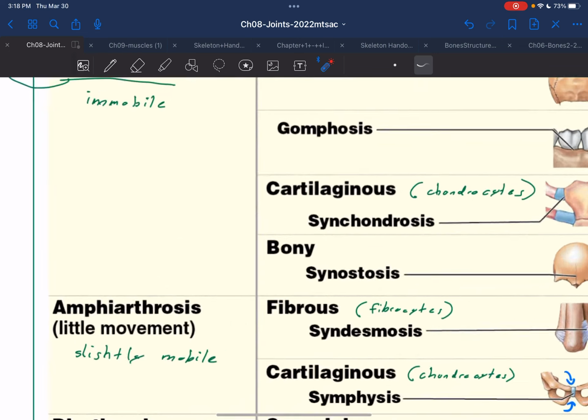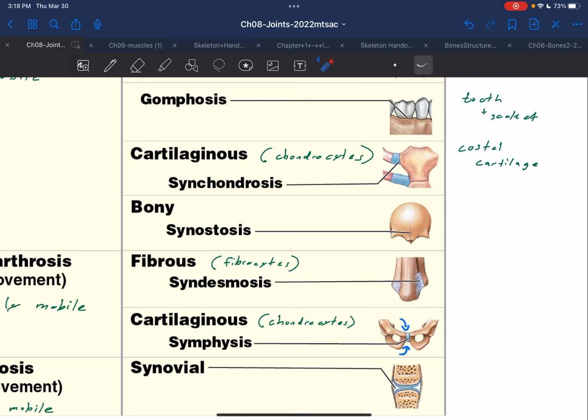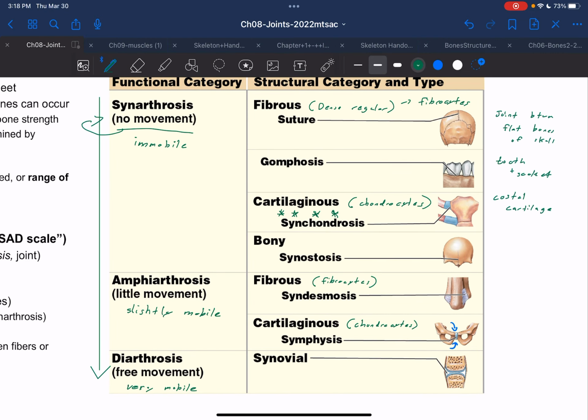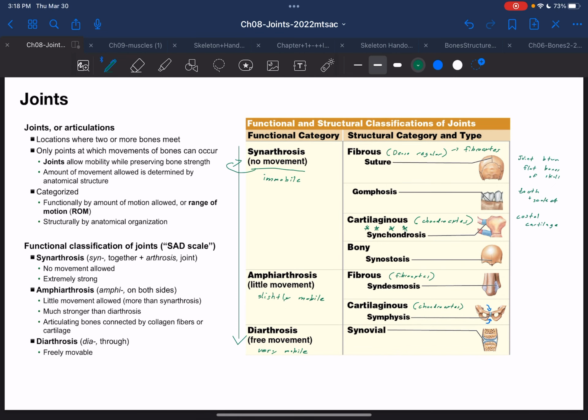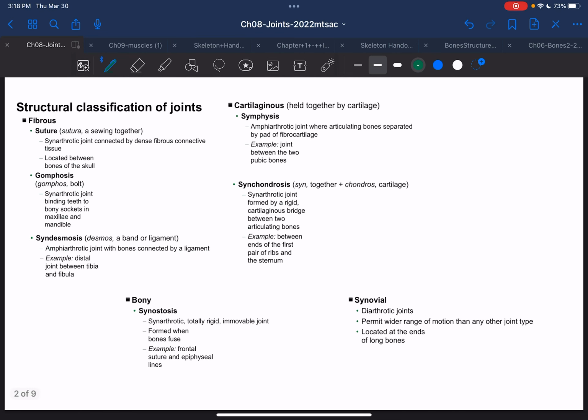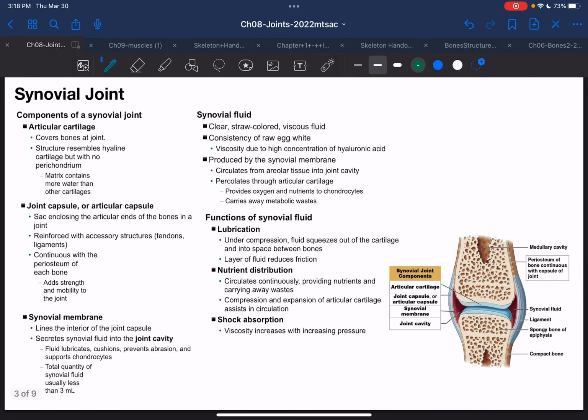So we're going to put a little asterisk on this, right here on synchondrosis. And I'll show you in lab next week with some better visuals, because I don't think I actually put one in here, which is kind of lame. But I will bring that up in lab next week. Yeah, I didn't even place it here, but okay, we'll deal with it next week.